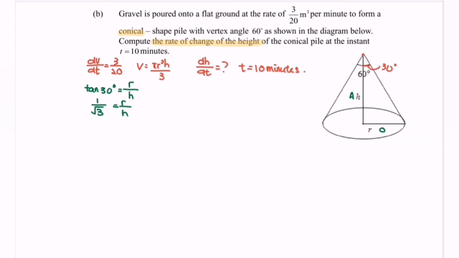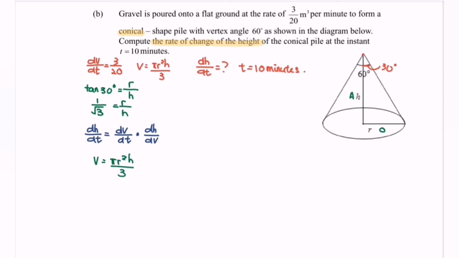Next, kindly draft out the chain rule, where we have dh/dt is equal to dV/dt multiplied with dh/dV. Based on the info, for dh/dV, kindly refer to the formula V. We have to convert V in terms of h. Here we have V equal to pi r squared h over 3.